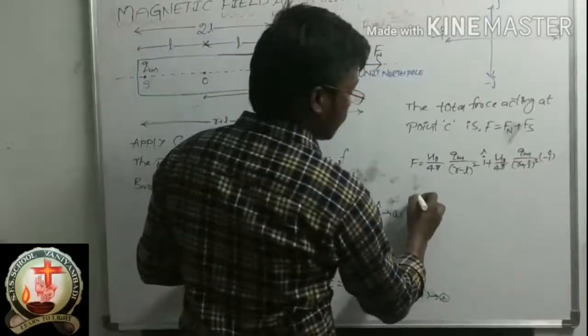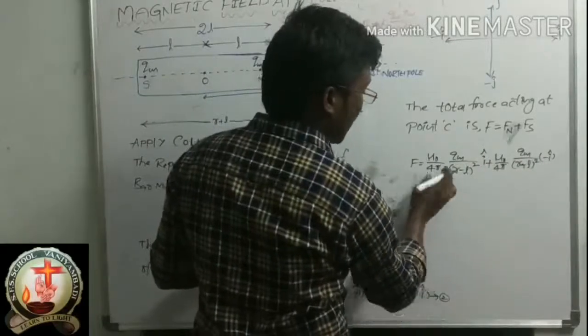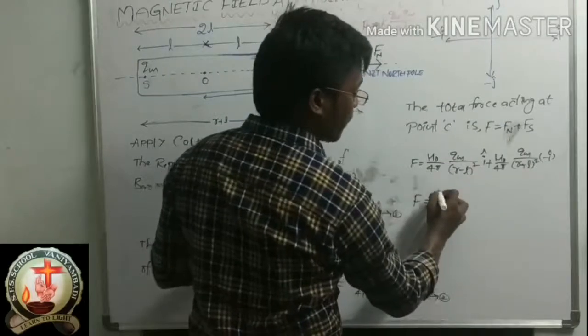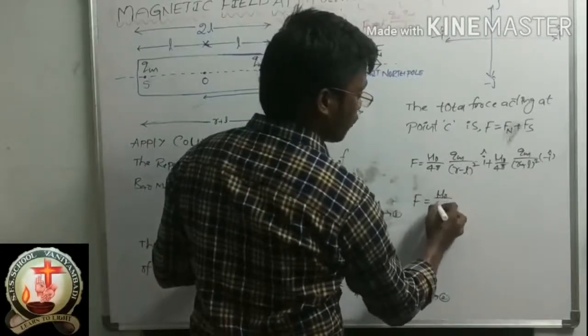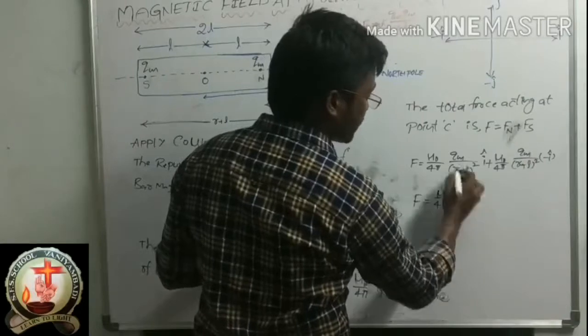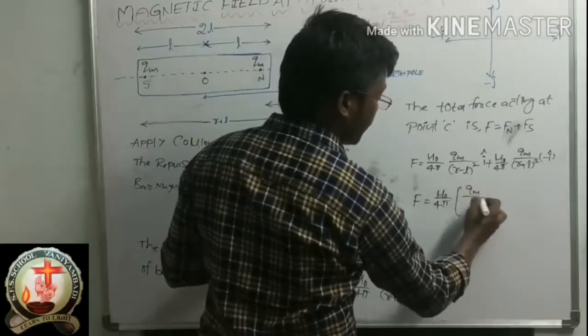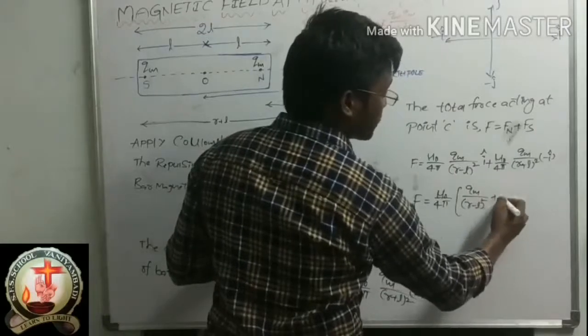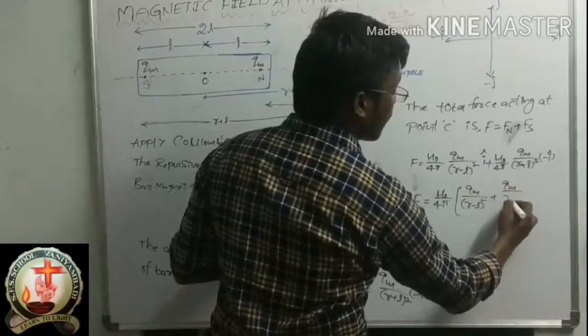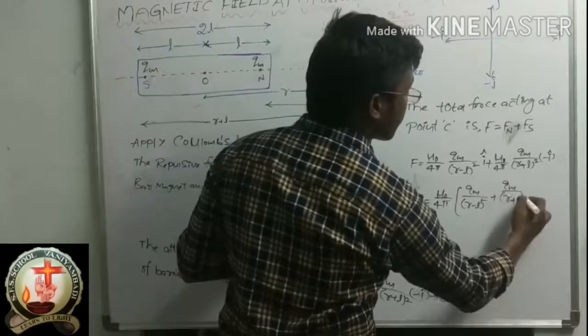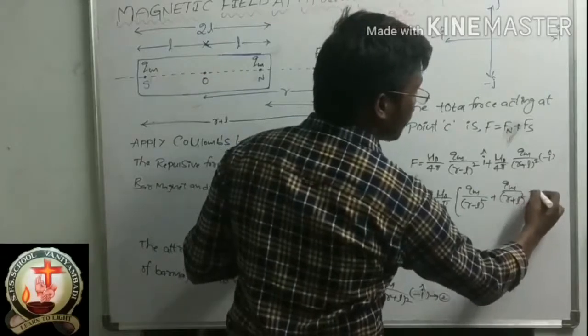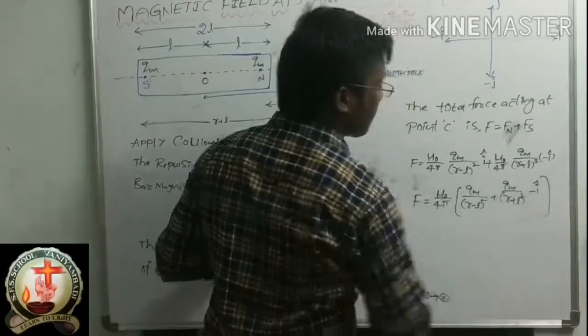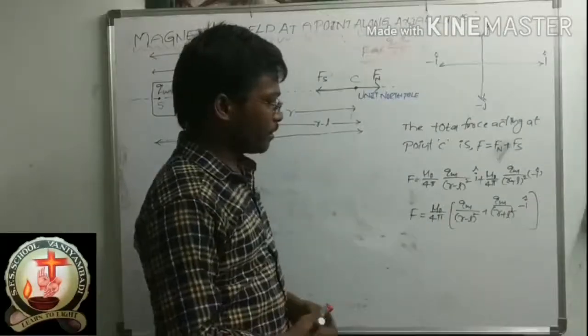Okay, now F is equal to, I am taking the common mu naught by 4 pi. Then what is the remaining here? Qm by r minus l whole square plus Qm by r plus l whole square, here minus I cap. Okay.